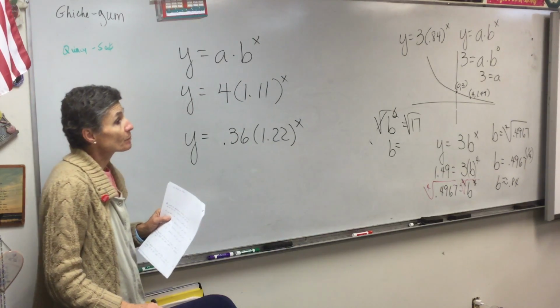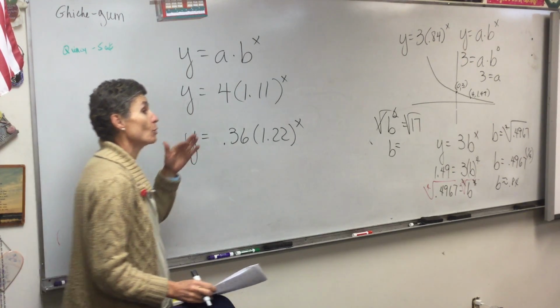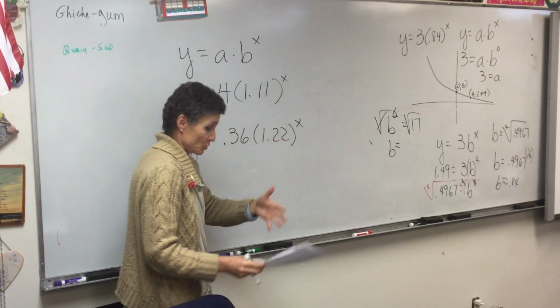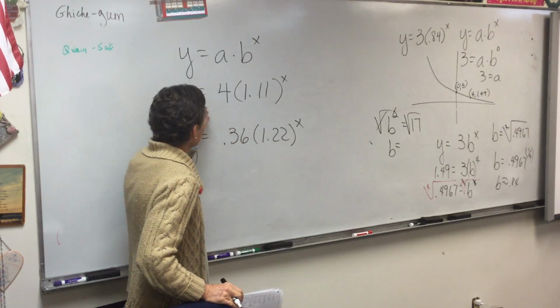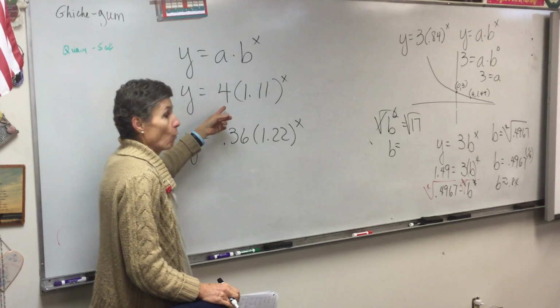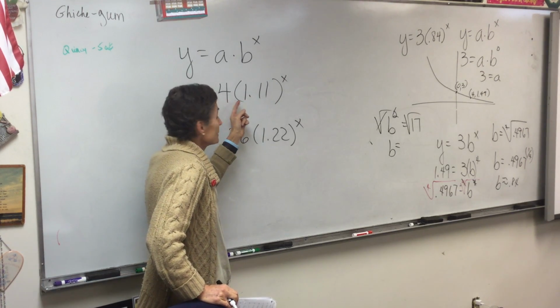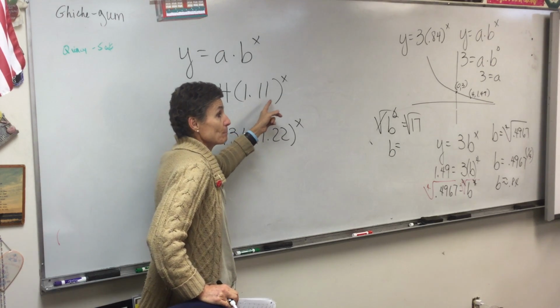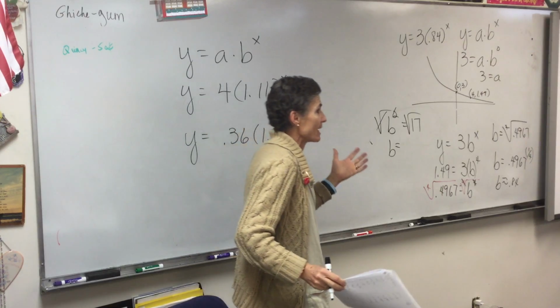Yes, Maddie? Per day or per week? Well, it does matter in context of the problem. The next step, which we're not doing, but they're coming up in the next section, would be to say, okay, I've got $4 in my bank account, and it's increasing 11% per day. So how much money will I have in 6 days?